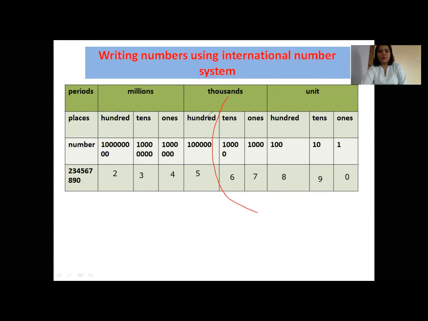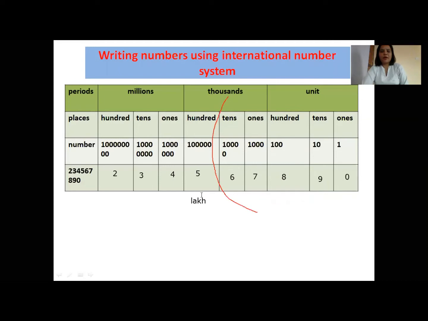Now we are going to see what is the difference in both the systems. In Hindu-Arabic system, we have lakh place after 10,000. So the place value of 5 in Hindu-Arabic system is lakh, whereas the place value of 5 in international system is 100,000.